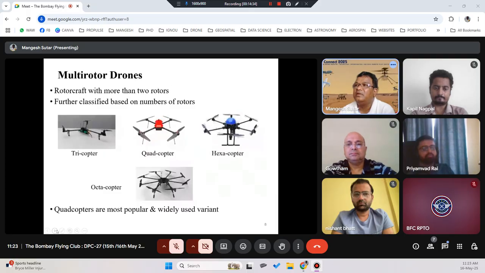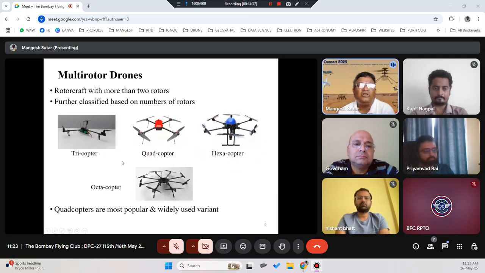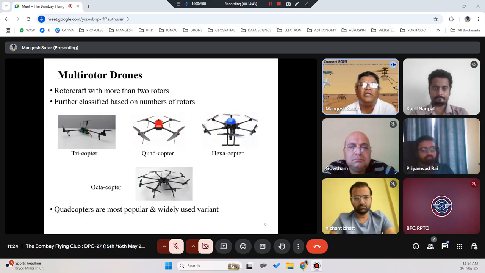Okay. So multi-rotor drones, with more than 2 rotors, are always called multi-rotors, further classified based on number of rotors. So 3 motors or 3 rotors is a tricopter, 4 is a quadcopter, 6 is a hexacopter, 8 is an octocopter.